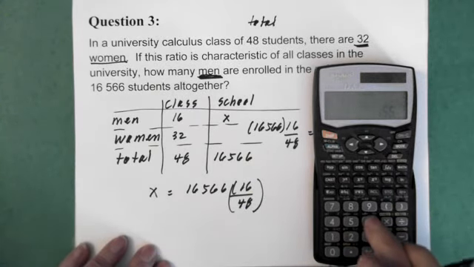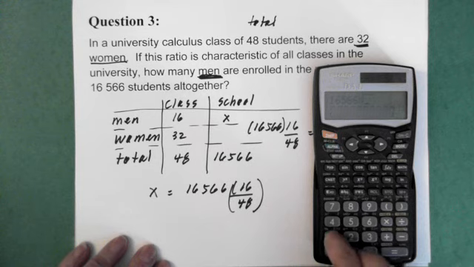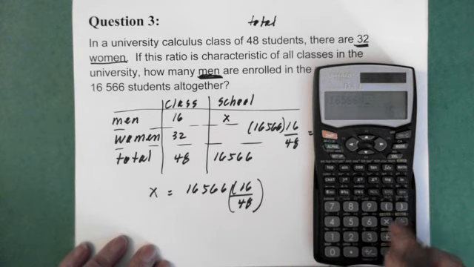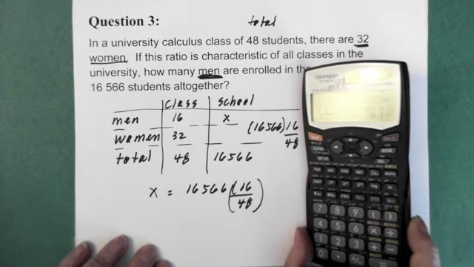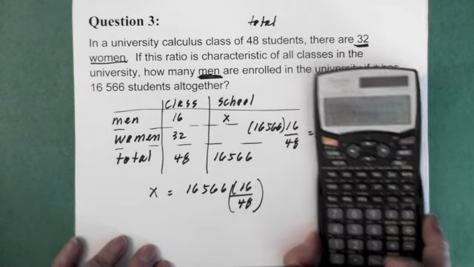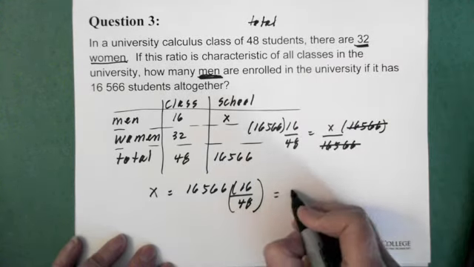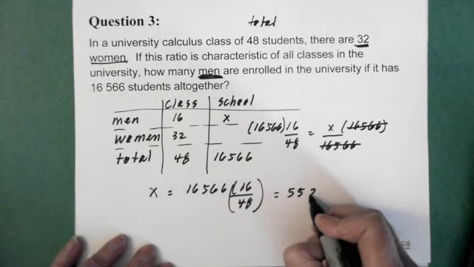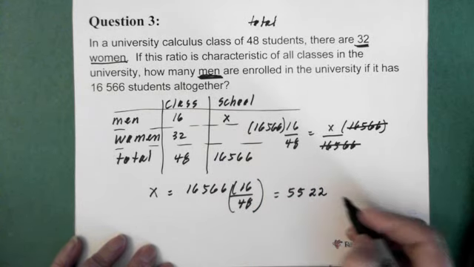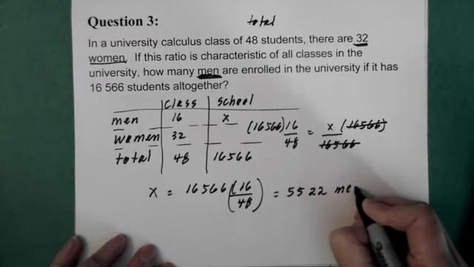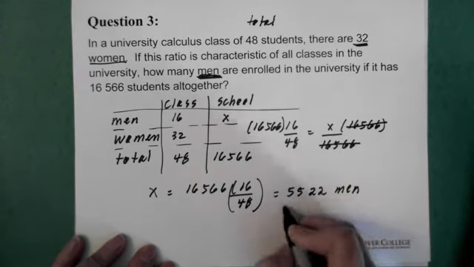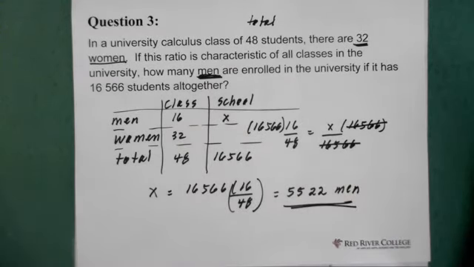So 16,566 times 16 divided by 48 equals 5,522. And that is the number of men. There you go.